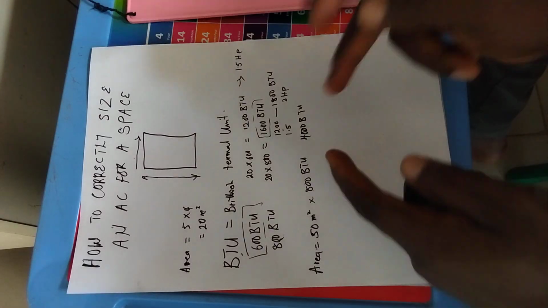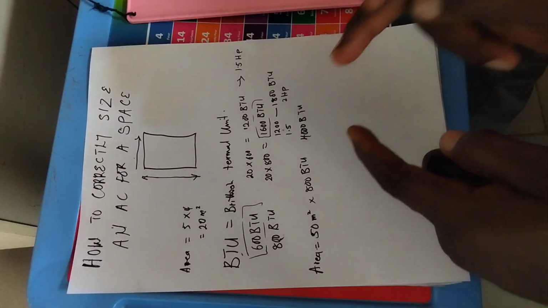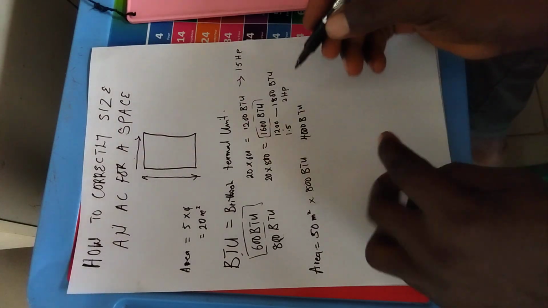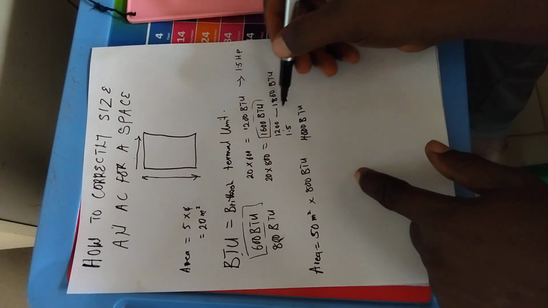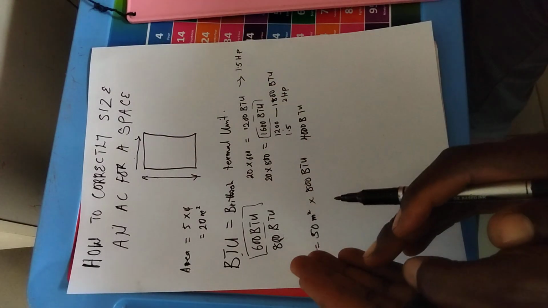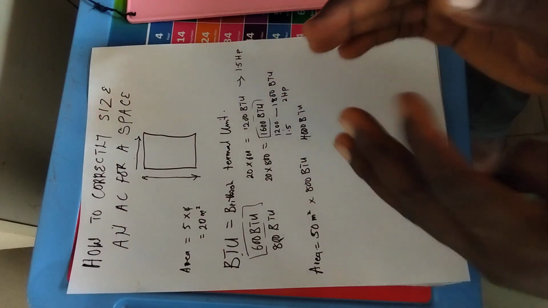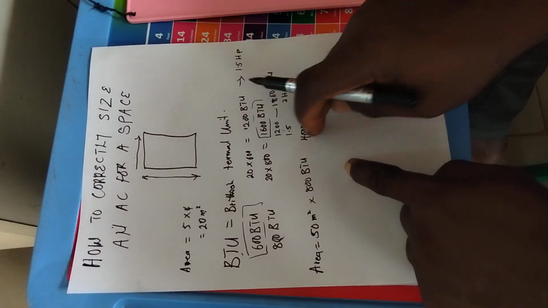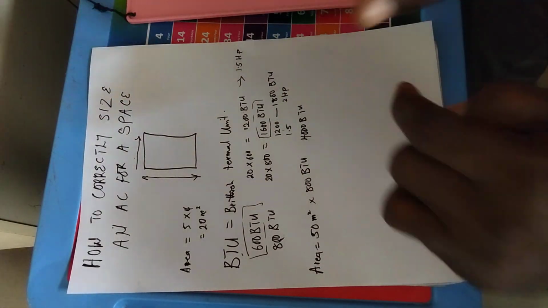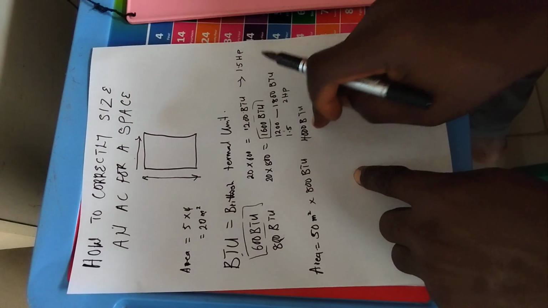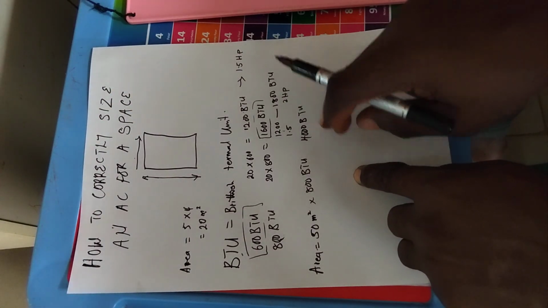You are not quoting a split unit for this. If you want to quote a split unit for this, you will need to break it down to size, either 3 horsepower in places that could amount to this, or 2 horsepower in places that could amount to this BTU. You get it, right?